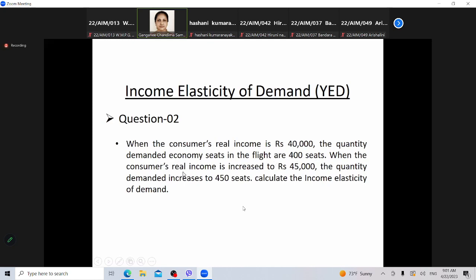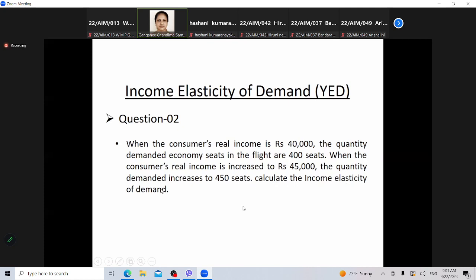When the consumer's real income is increased to 45,000, from 40,000, income has increased to 45,000, the quantity demanded increases to 450 seats. From 400 seats, it has increased to 450 seats. Whatsoever the words, you have to take these values only, okay?